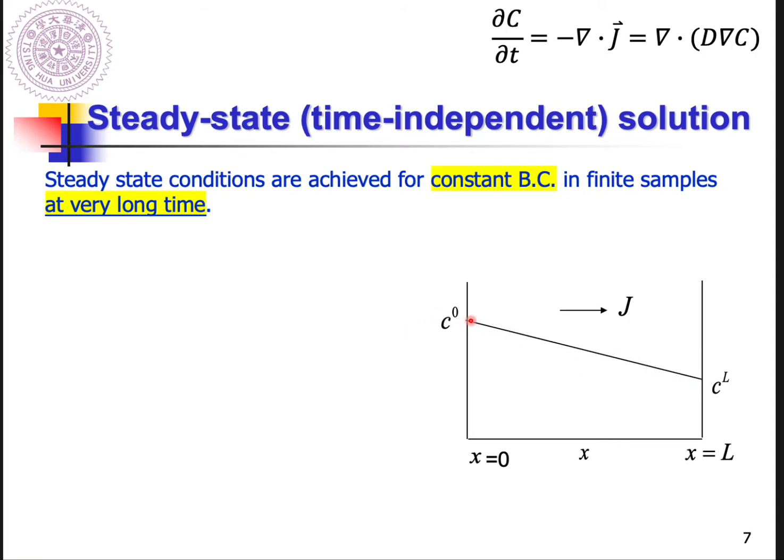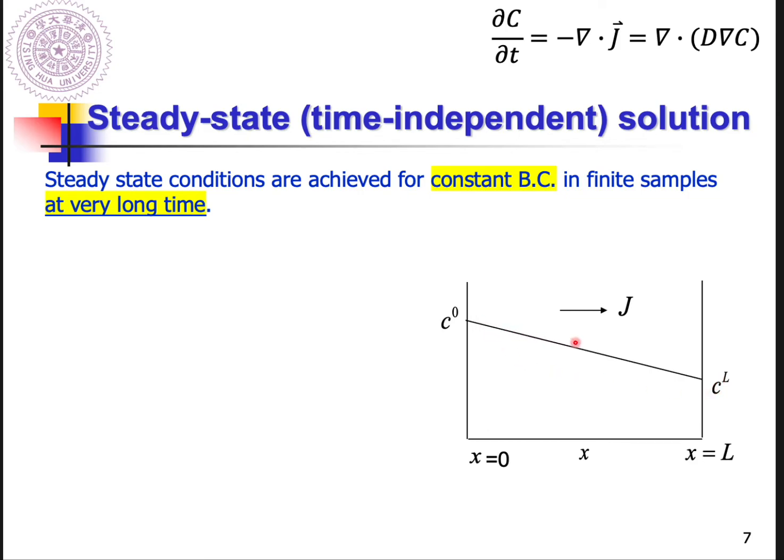At the left-hand side, the concentration stays at C0 for a very long time, and on the right-hand side of this dialysis tube, the concentration stays at CL for a very long time.